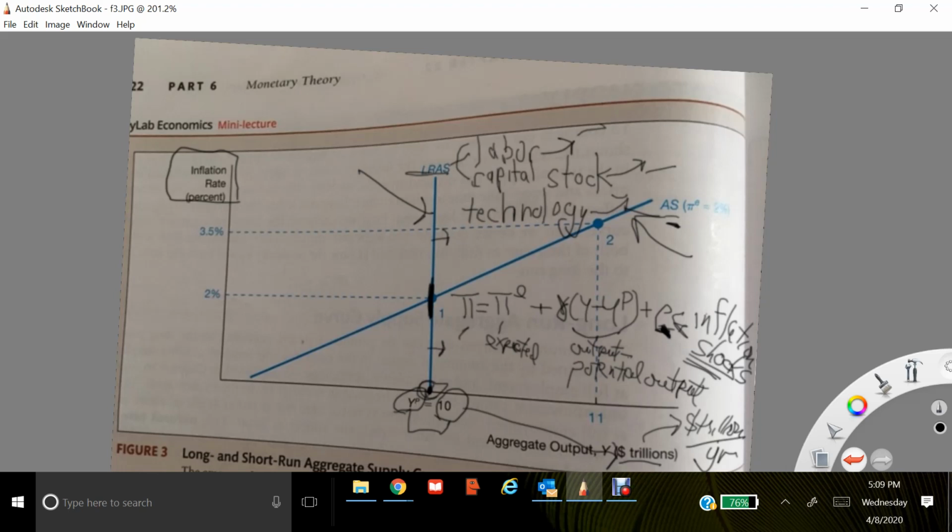And what would be an example of that? An inflation shock would be an increase in oil prices, which was a huge problem back in the 70s and 80s.